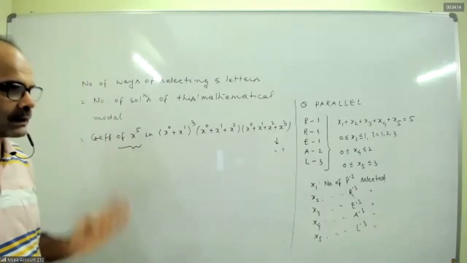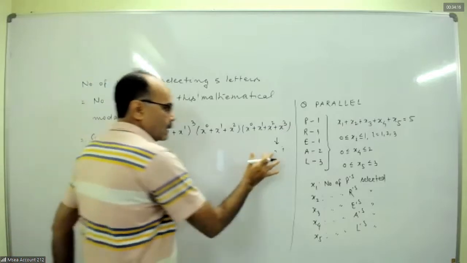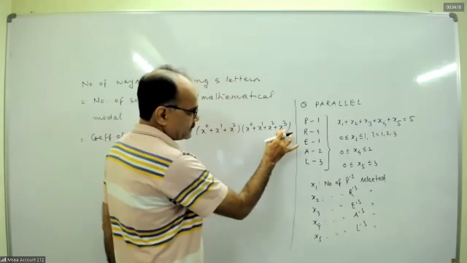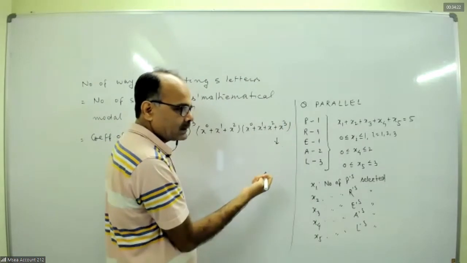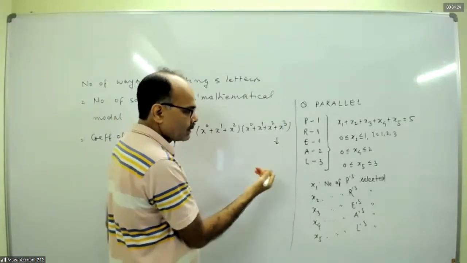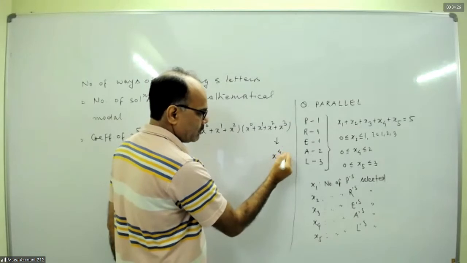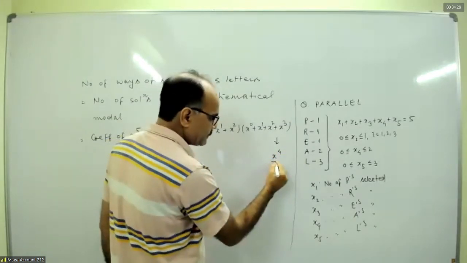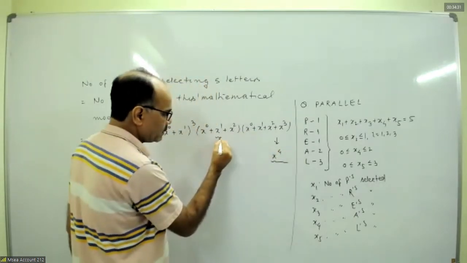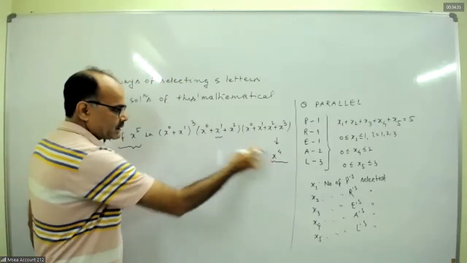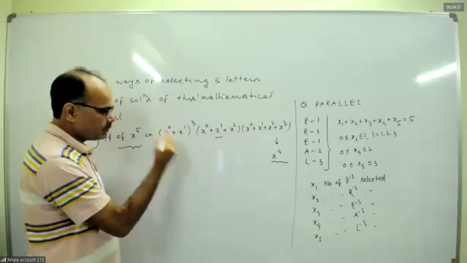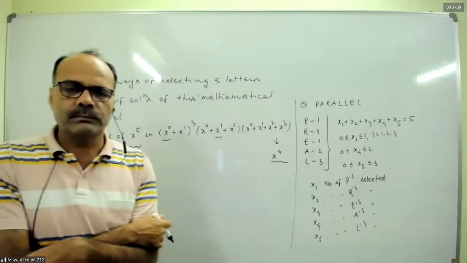Just after x cube, what is the next term if you take an infinite series? X to the power 4. Now multiply this x to the power 4 with x to the power 1, we will get x to the power 5. And this term with x to the power 0, we will get x to the power 5.